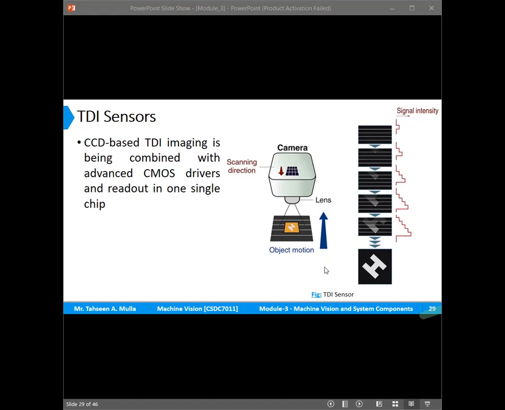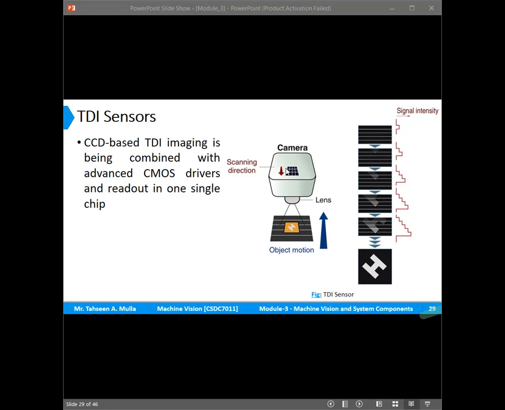It will be on the conveyor belt and it will be moving, as you can see here, from bottom to top, and your camera moves from top to bottom. So you can say these split regions give a rough idea of how your line scan cameras are going to scan the entire image while moving.